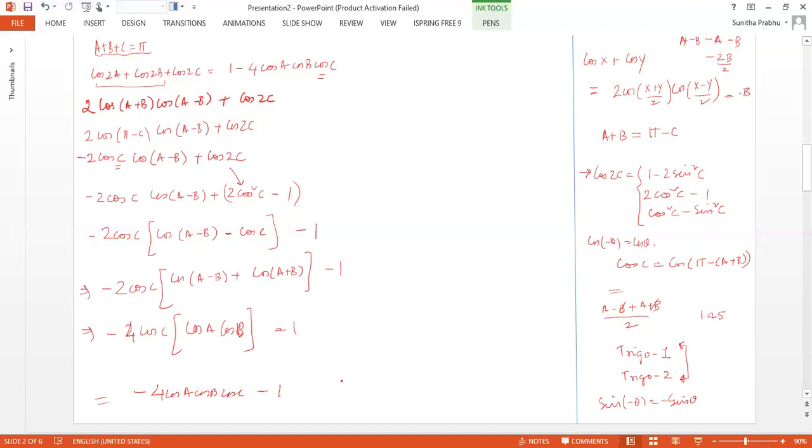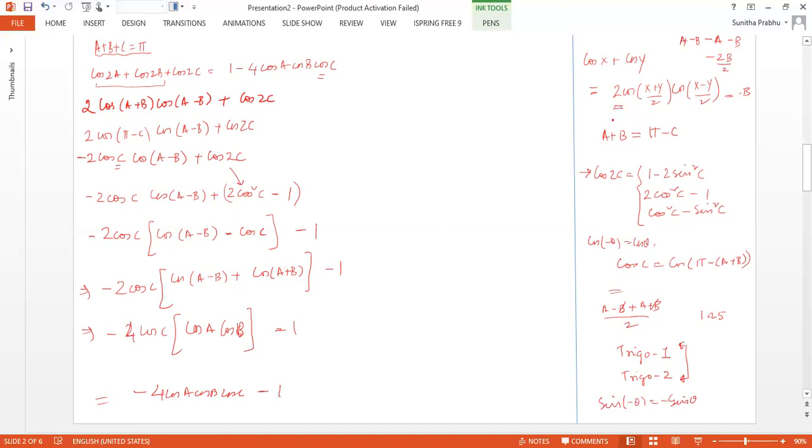Some goof up has happened. I think we forgot to change the sign for minus 1. Meaning? You can't, because it's a plus outside, there's not a minus. And so, how did the minus 2 cos C become minus 4 cos C? Because there was no 2 in front of the cos(A minus B). Here I have to see, when I do this cos(A minus B), cos(A plus B), I have 2 here, no?